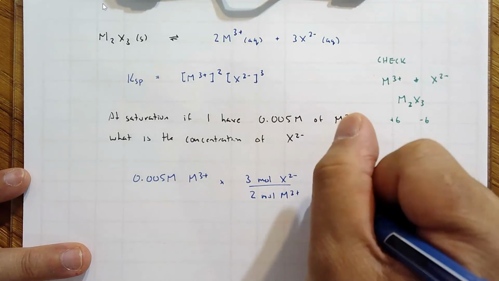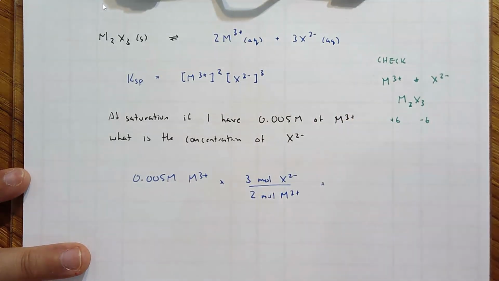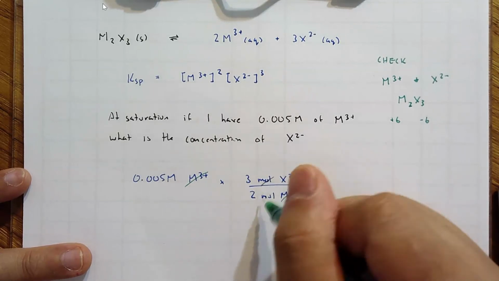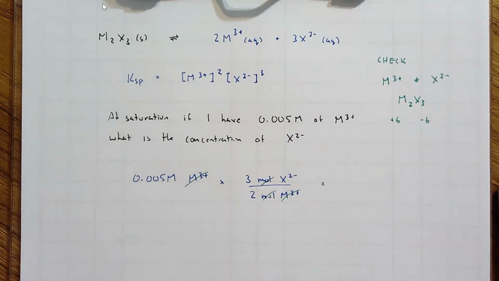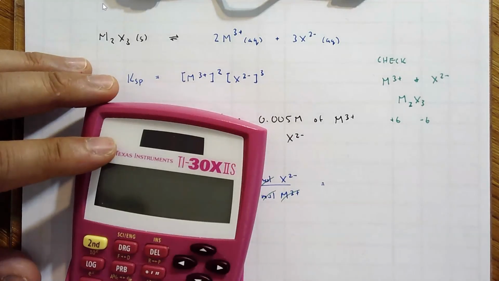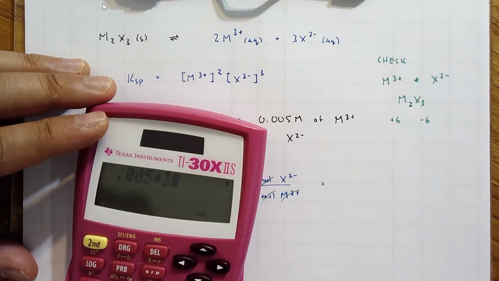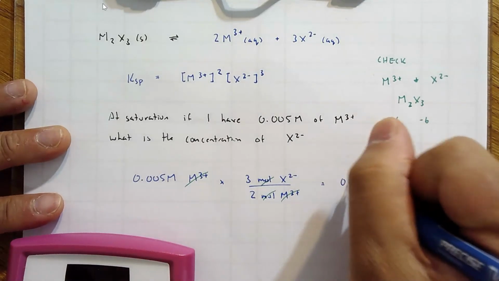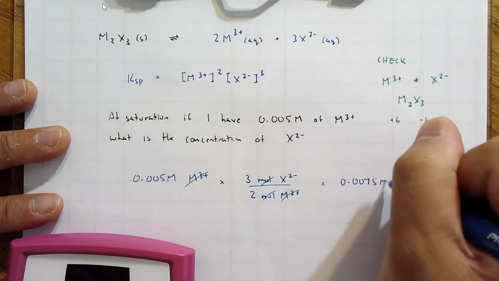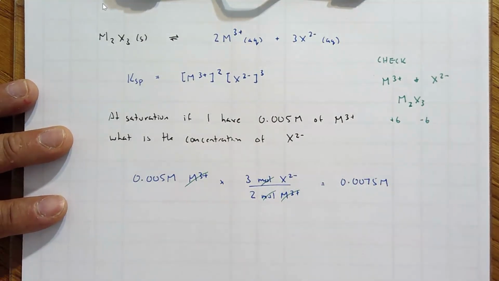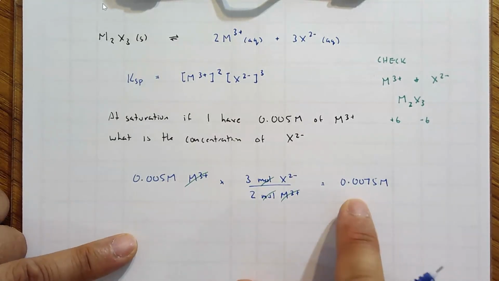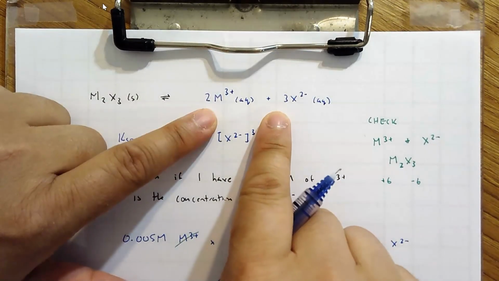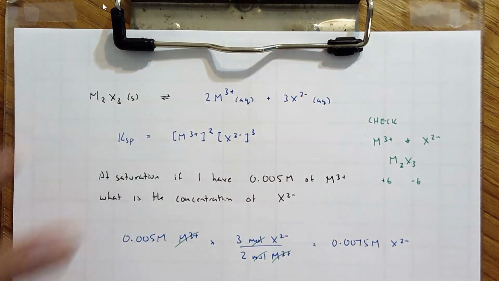Okay, the moles cancel out. You see what cancels out? That cancels out, that cancels out, and these two. So I'm going to get a molarity of X: 0.005 times 3 divided by 2. Is it more or less? 0.0075 molar. It is more, right? It's 50% more. Do you see why? Because look at the ratios.